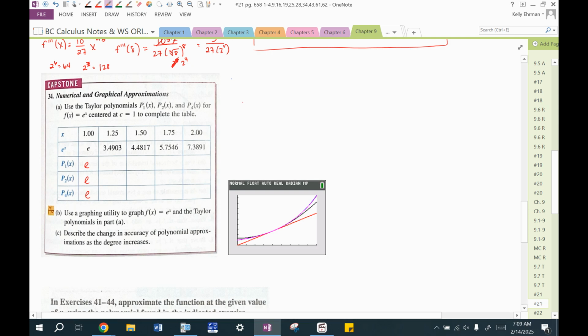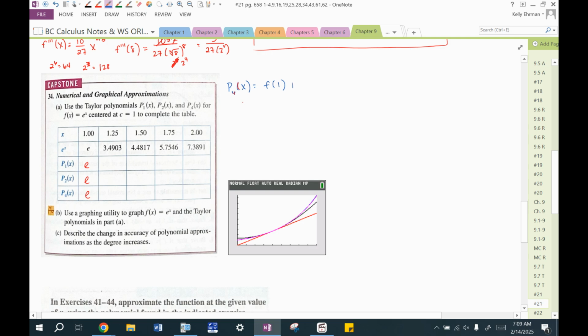So actually, I want to start with P4, right? So let's see, P4 of x. That's going to be f of 1. We're centered at 1.